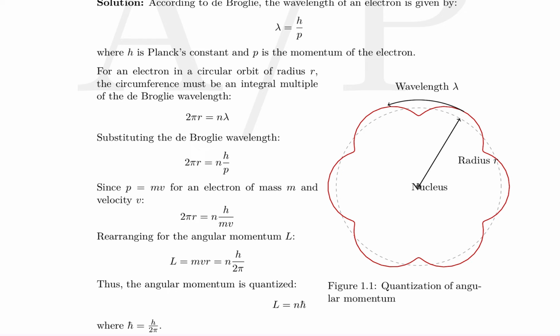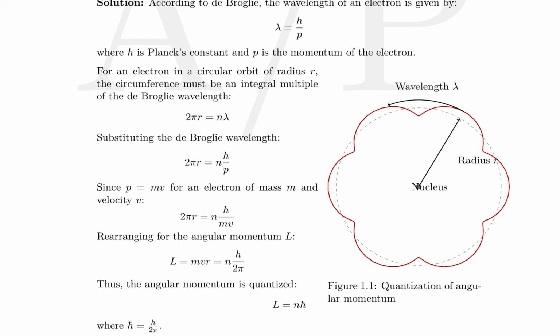And why should that be the case? If an electron moves in a circular orbit, the circumference it covers is 2 pi r, and the distance it covers should be an integral multiple of the wavelength lambda. This diagram clearly shows why that should be the case.